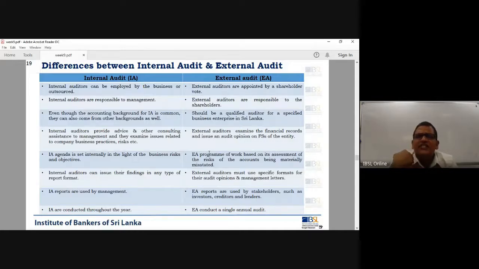But internal auditors are responsible to management. They are just checking and reporting to the management, in different management structures. Even though the accounting background is common for internal audit, they can also come from other backgrounds as well.